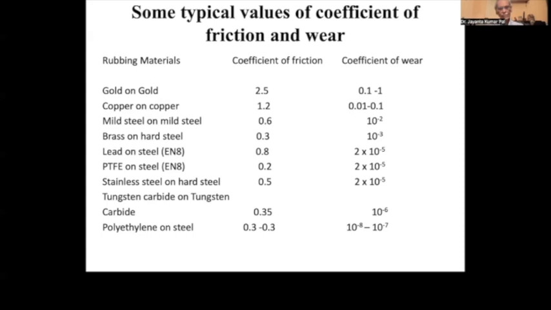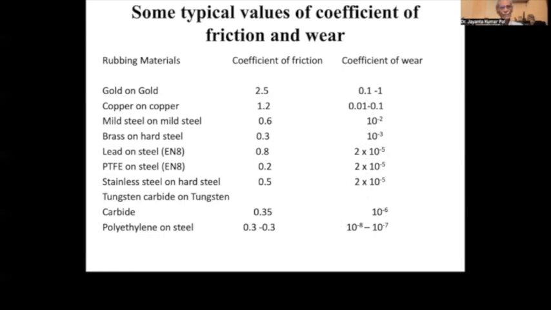It is only 0.35 coefficient of friction, and wear is 10 to the minus 6. Now, polymers usually wear very little. So you can see it is only 10 to the minus 8 to minus 7.